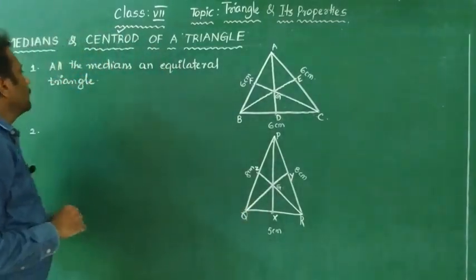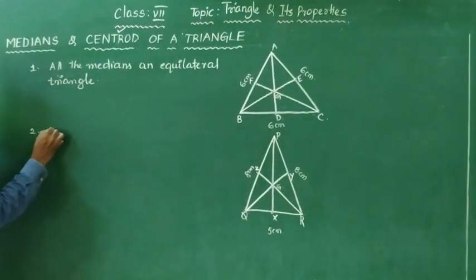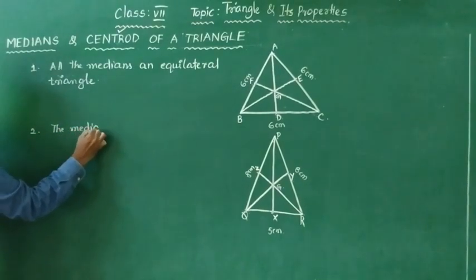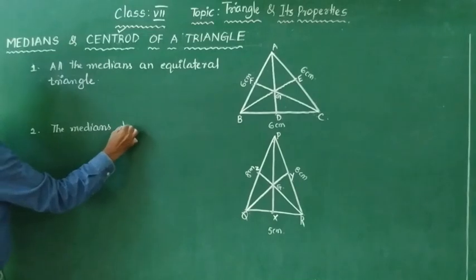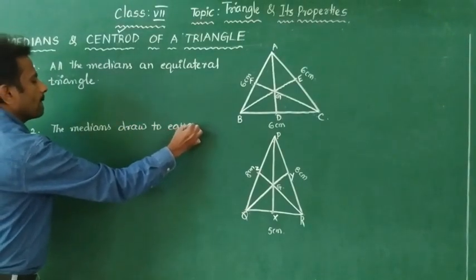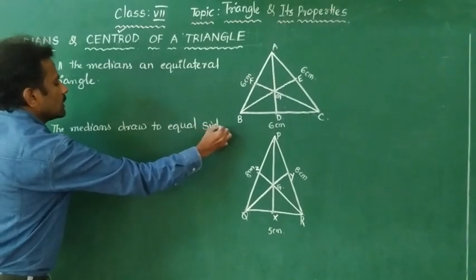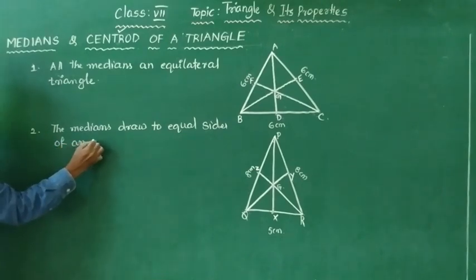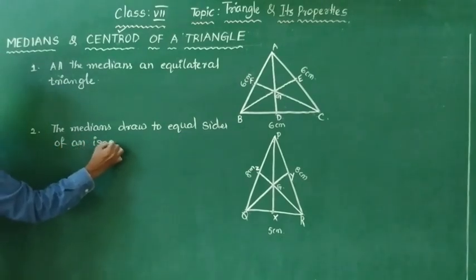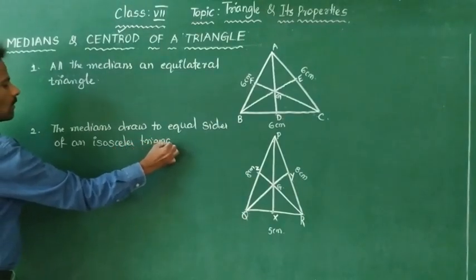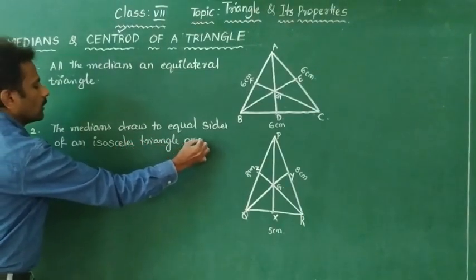That means we can observe that the medians drawn to equal sides of an isosceles triangle are equal.